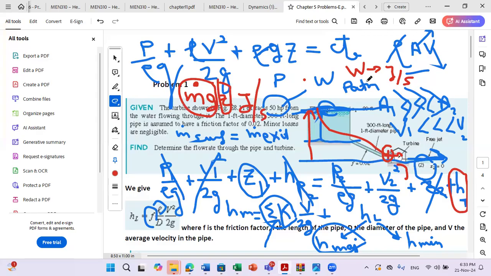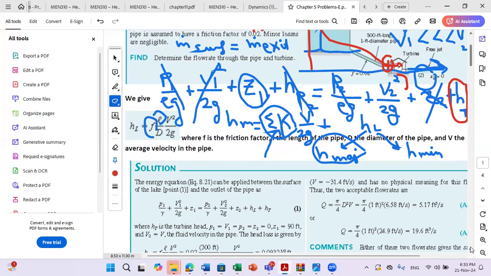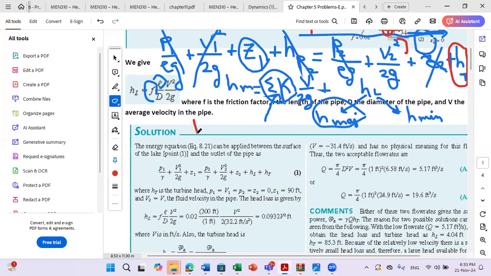So all we have to do here is to say that the power extracted from the pump can be written as power equals the mass flow rate m dot times g times head of turbine.